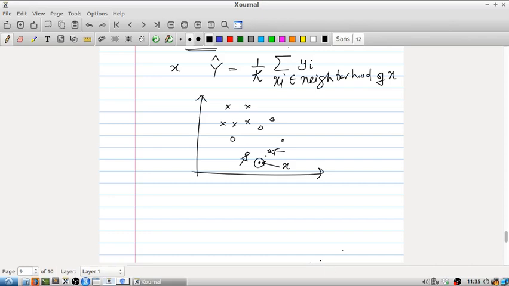In this case it's a 2 nearest neighbor method. If I pick a point, for example here, and look at these two guys, I'd assign orange there.